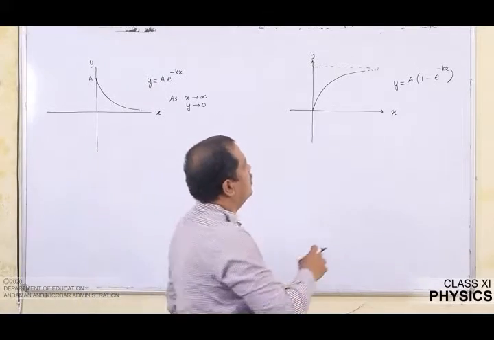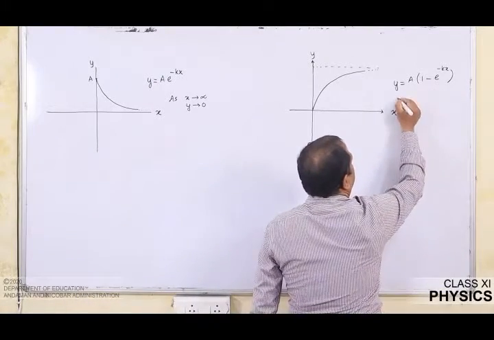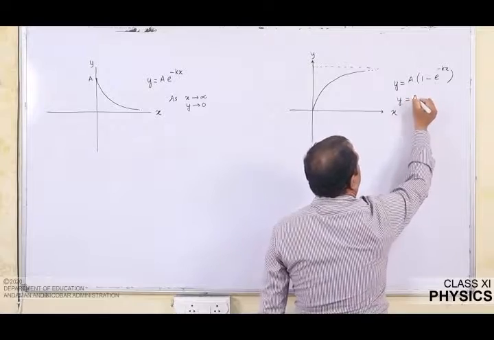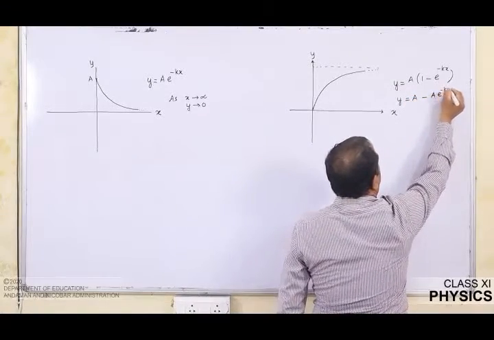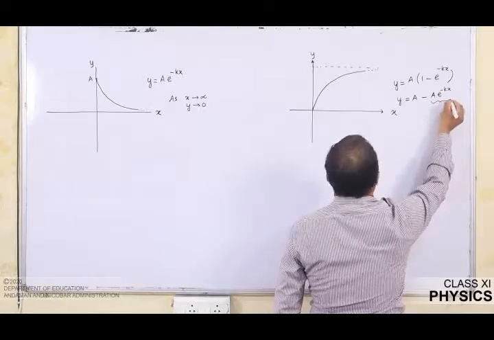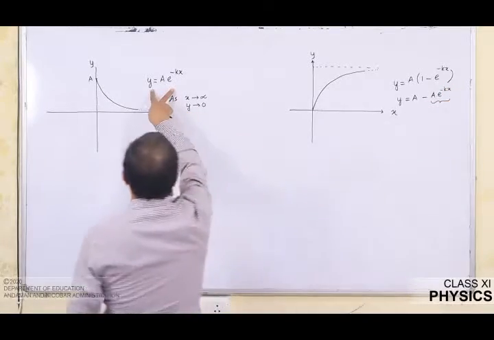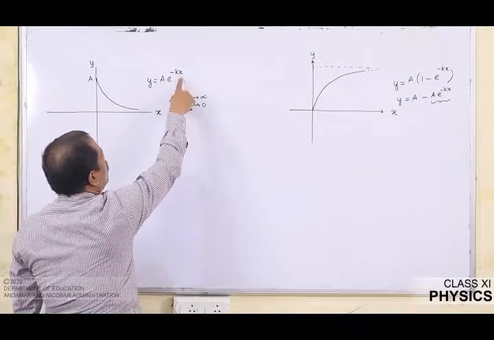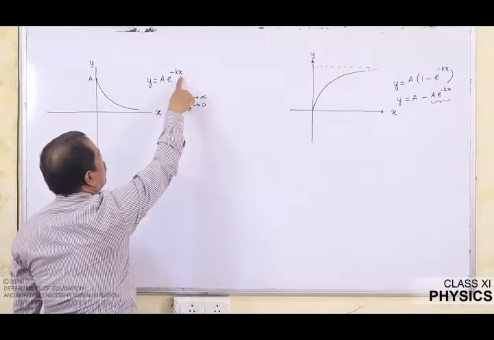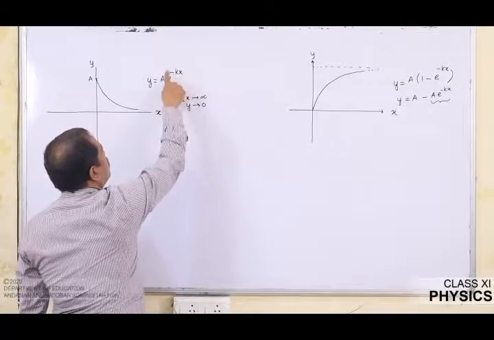We look at the graph here. If I expand this expression, I am going to get a minus a e power minus kx. Now, this is nothing but this graph. So, you see that when the value of x is 0, then e power minus kx turns out to be 1.